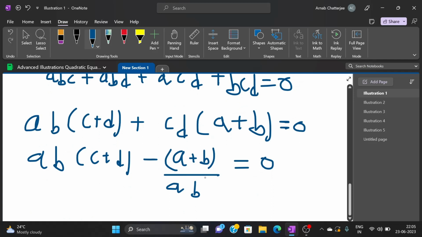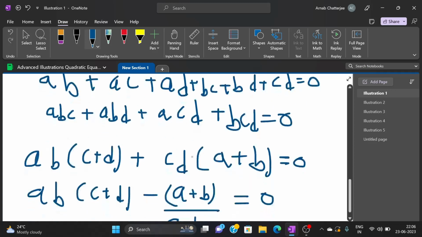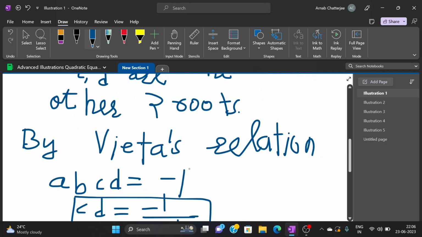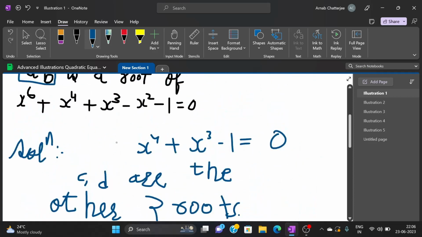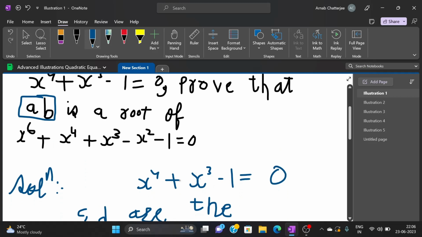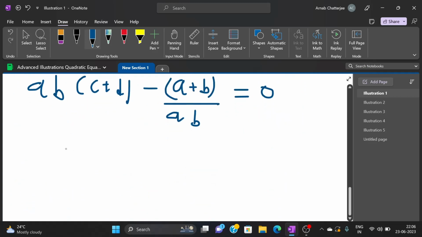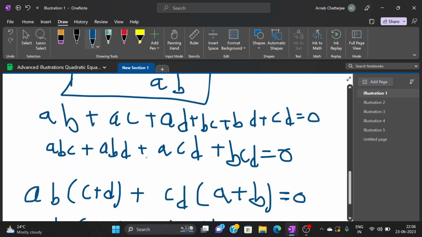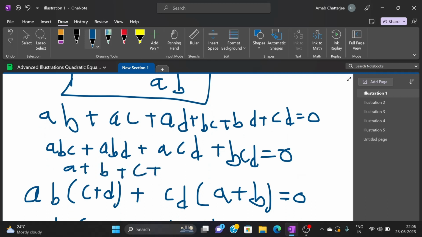So I think this is the right time to invoke the relations between A plus B and C plus D. So that can be done best by A plus B plus C plus D equal to minus 1. Again the Vieta's relation. So by Vieta's relation we also have A plus B plus C plus D equal to minus 1.